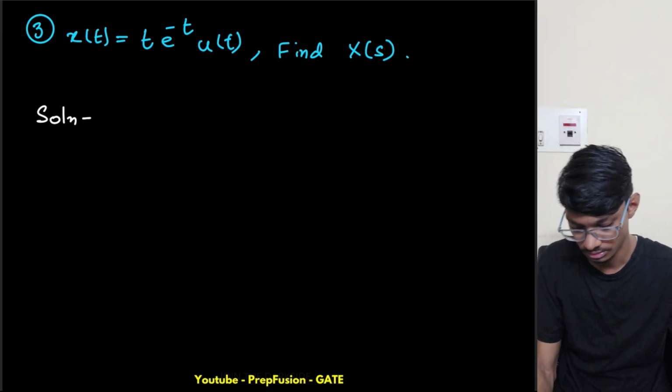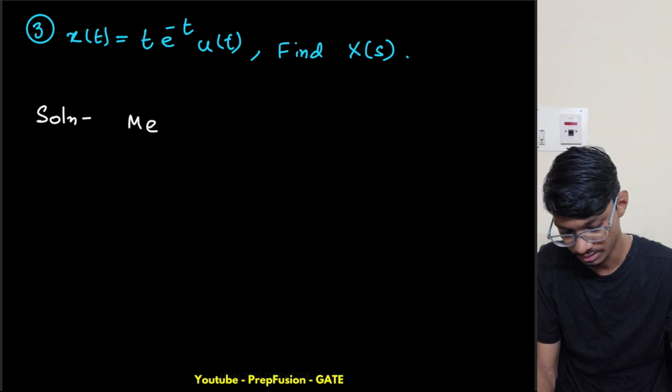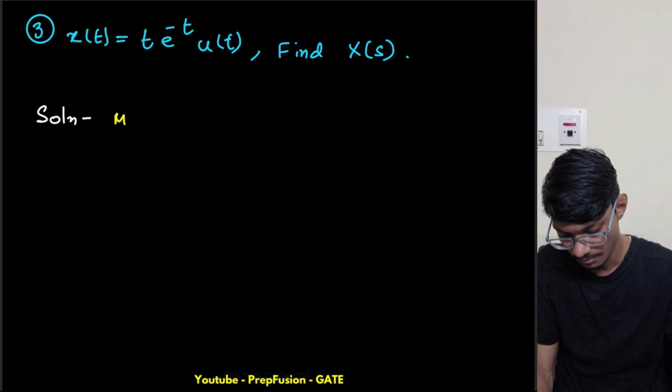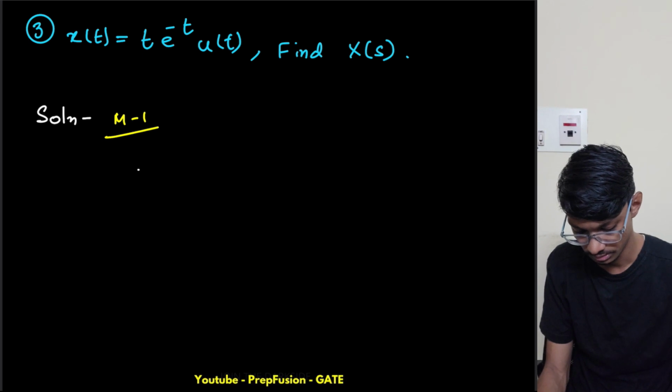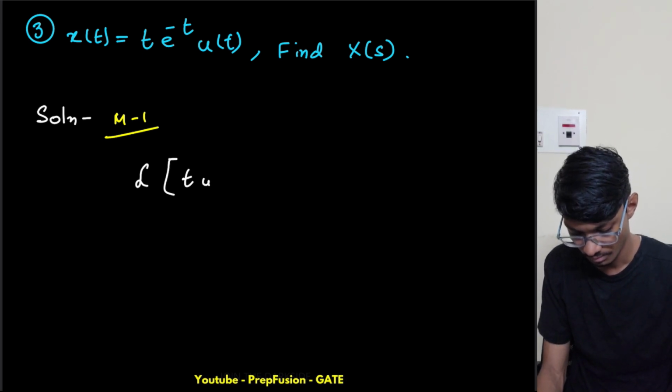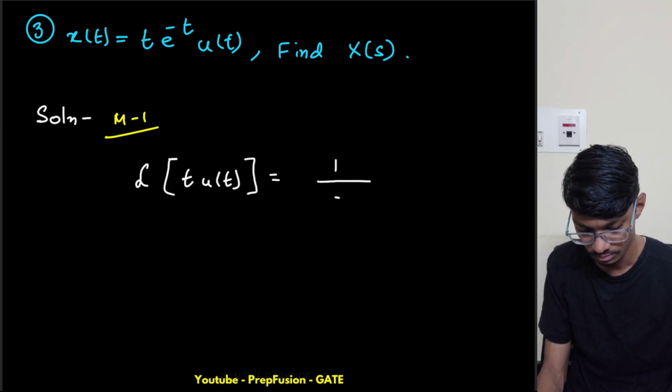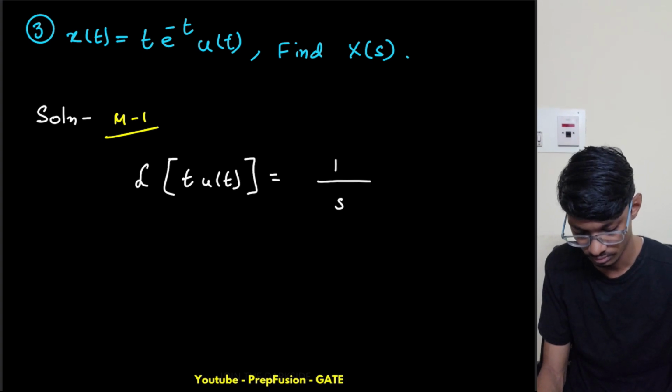First, this is method 1 for solving this question. What you can do is find the Laplace of the ramp signal, which is 1 by s square, right?